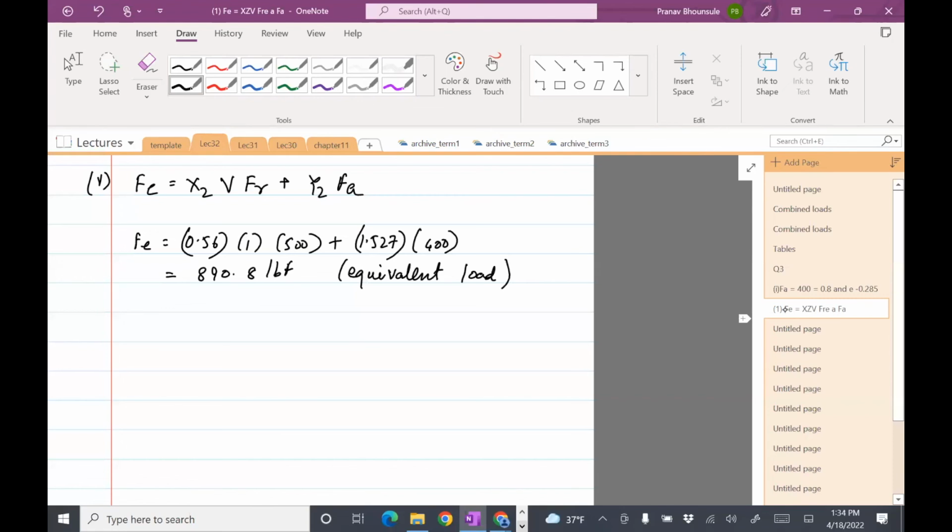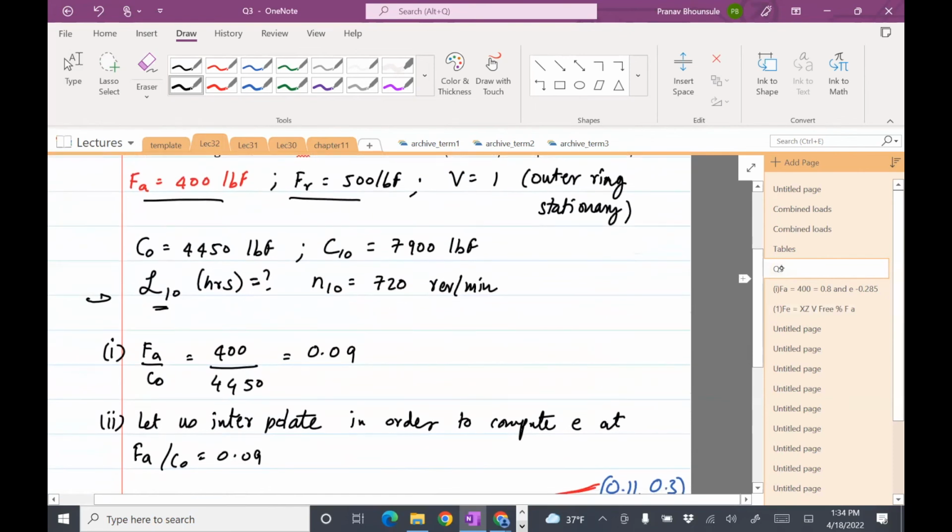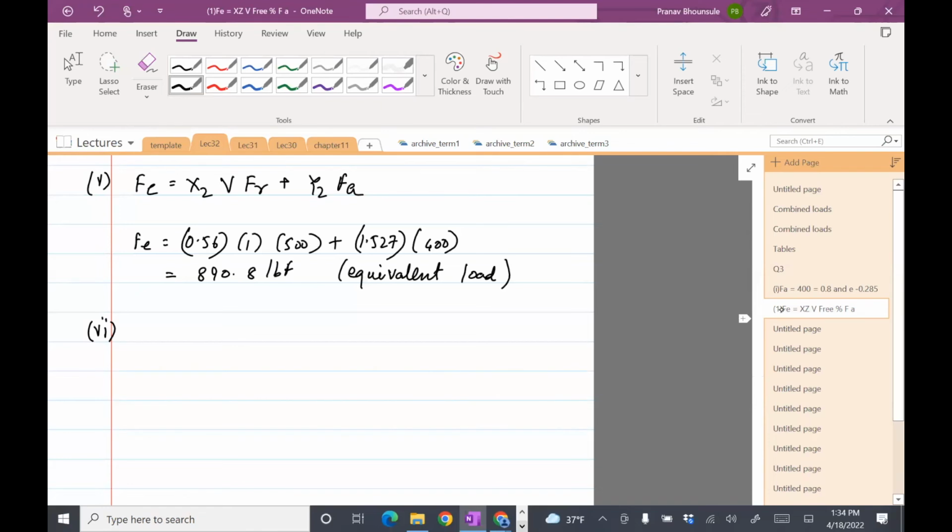Okay, the final step is using the equivalent load to do the computation of the L10 life. So let's write down the formula for L10, and then we'll just do substitutions. So the formula is F times L raised to 1 over A is a constant.